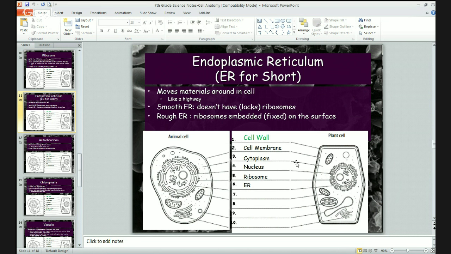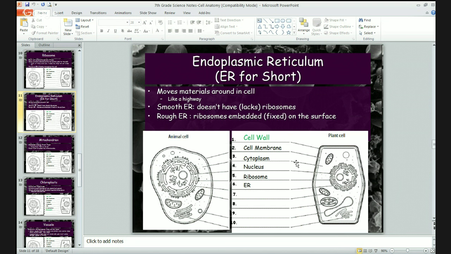If it has a ribosome attached to it, it's going to be considered a rough endoplasmic reticulum, or part of the rough endoplasmic reticulum. They're called smooth and rough because that's what they look like. Since the rough ER has ribosomes, its appearance looks kind of rough. But since the smooth ER doesn't have any ribosomes, it looks kind of smooth.